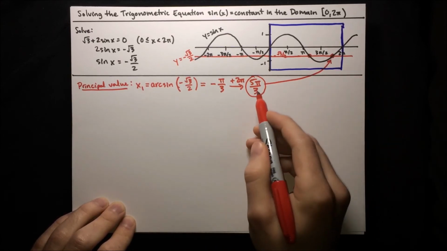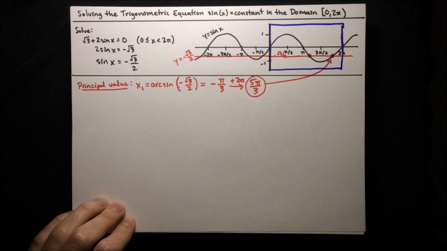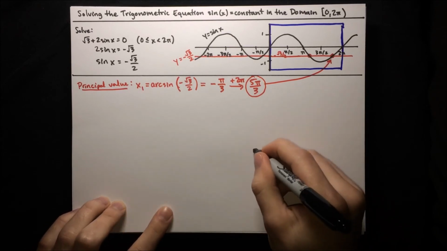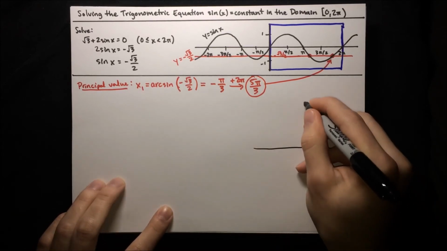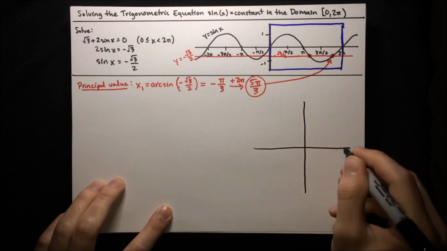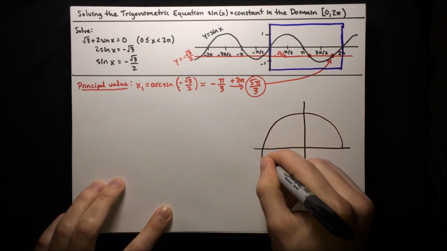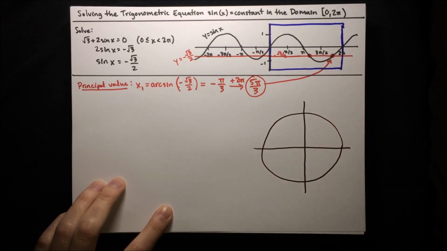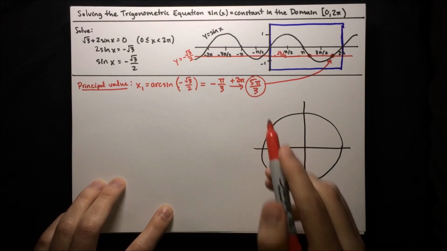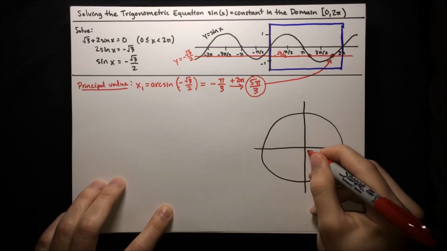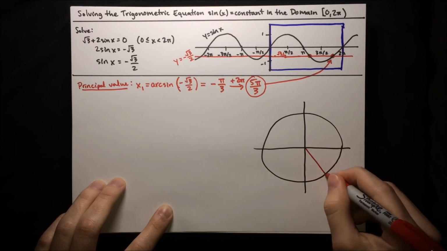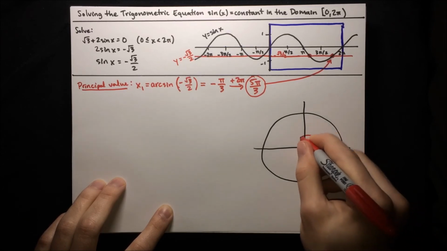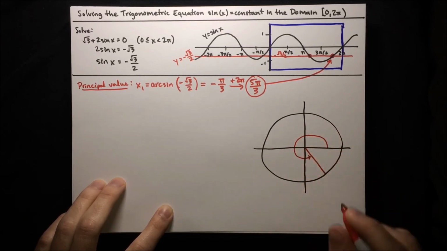And now to get the other point, we just ask the same question that we've been asking in the previous two examples. What other angle between 0 and 2 pi has the same value of sine? So let's set up a unit circle to help us answer this question. We'll draw the unit circle, and we'll draw our angle here, 5 pi over 3. That's about here. We go around this way.